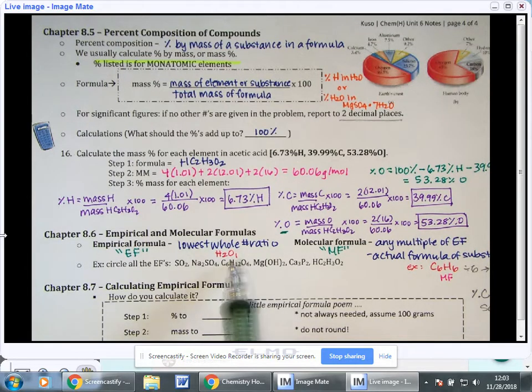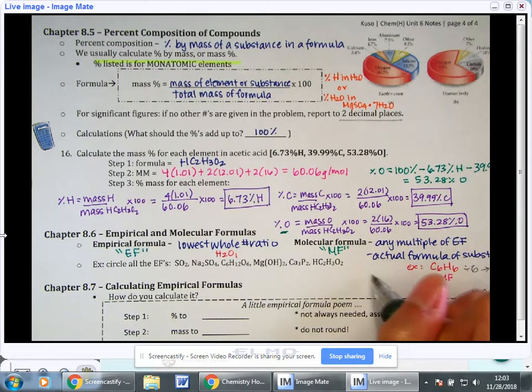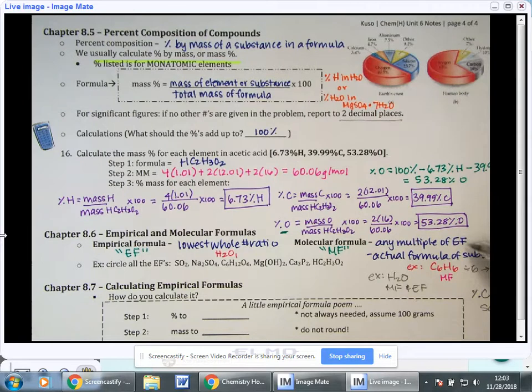Water, H2O, is the molecular formula, the actual formula of water, but it is also the empirical formula. So the multiple could be 1. For C6H6 the multiple is 6, but this one could be 1.